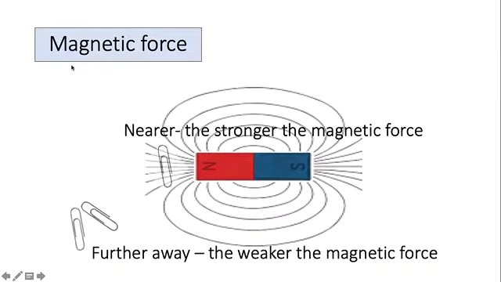What is the relationship between the magnetic force and the distance of a magnetic substance object? The nearer the magnetic substance object to the magnet, the stronger the magnetic force. The further away the magnetic substance object, the weaker the magnetic force.